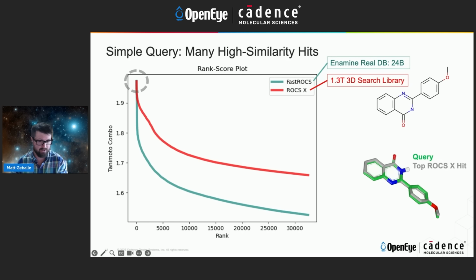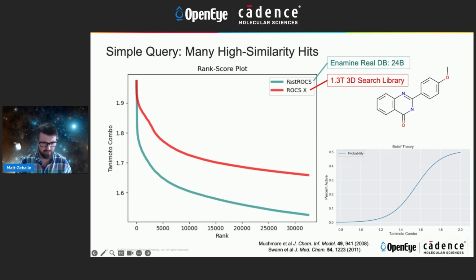And given that this is a regular ROCS result with a regular tandem-modal combo, we can apply all the body of work that's been done over the many years that we've been working with ROCS and tandem-modal combo to understand these results. One of the really powerful things there is this work on belief theory that was done by Steve Muchmore and others at Abbott in the 2000s.